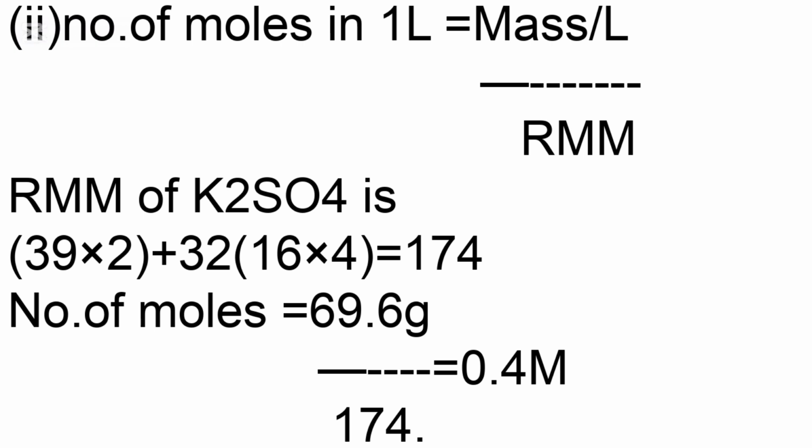That gives us a total of 174. Now for us to get the number of moles, we shall say the grams in a liter were 69.6 grams, divided by the relative molecular mass, which is 174. When you divide the two, you end up with 0.4 molar. So the molarity of the solution was 0.4 molar.